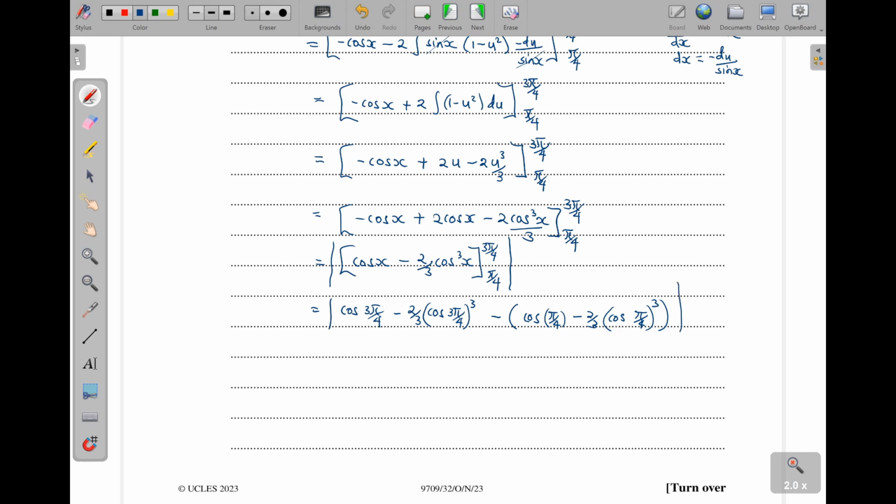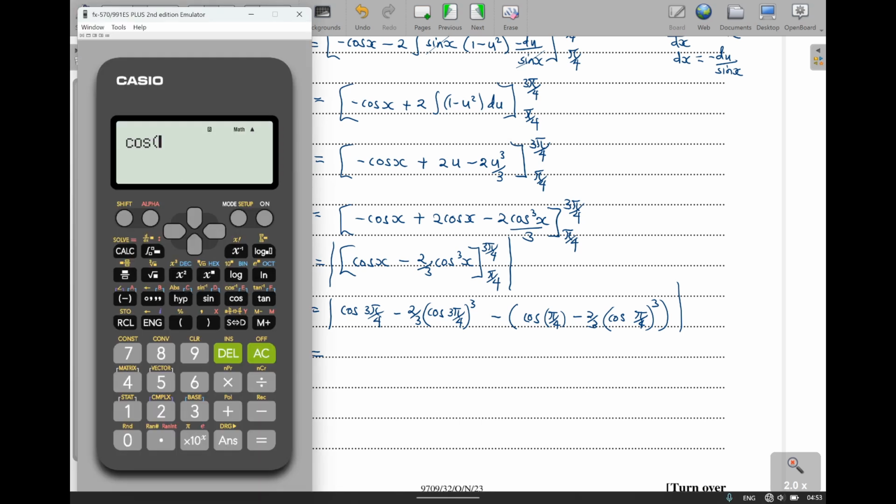Then under the modulus. So cos of 3 pi over 4, what do we get? This one gives us negative root 2 over 2. But there is somewhere where we are supposed to cube this one. So suppose I cube this. When I cube it, the negative root 2 over 2, we shall get negative root 2 over 4.